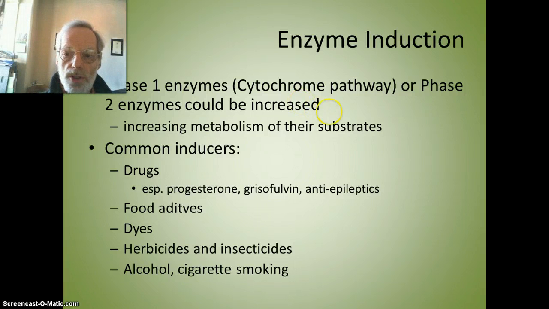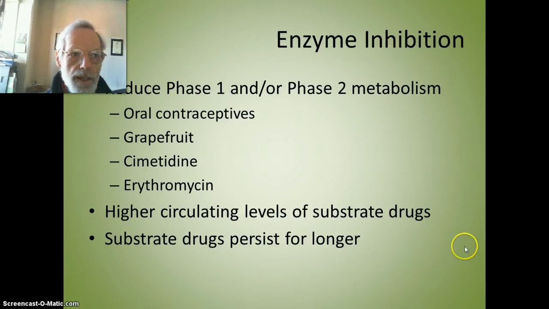So common inducers include a whole range of poisons that we're exposed to, both by mouth and by absorption or inhalation. Inhibition of metabolic pathways by certain drugs or even grapefruit can reduce drug clearance, giving higher circulating concentrations of the drug, sometimes making them more potent and giving more side effects, but also making them persist for longer.